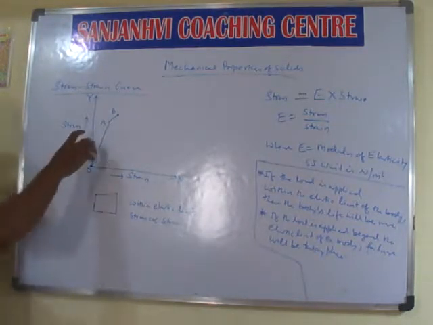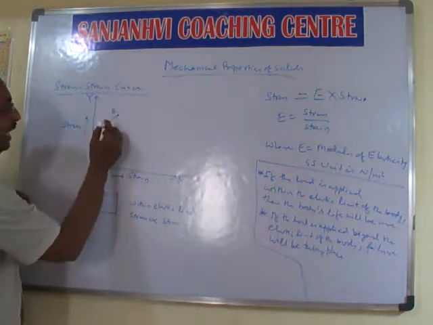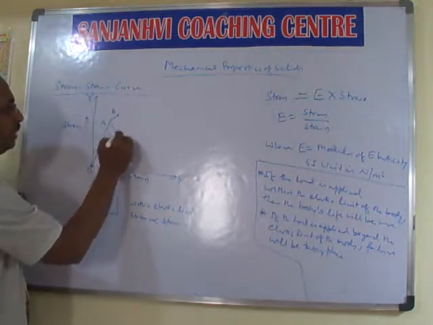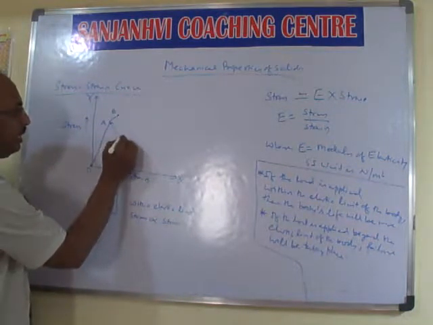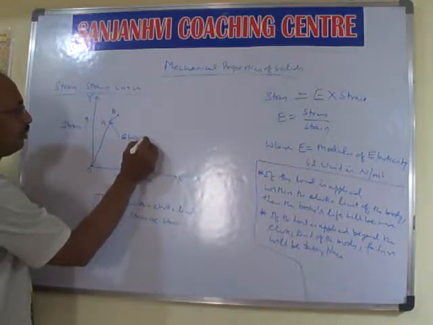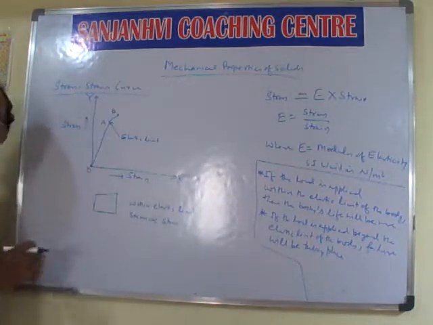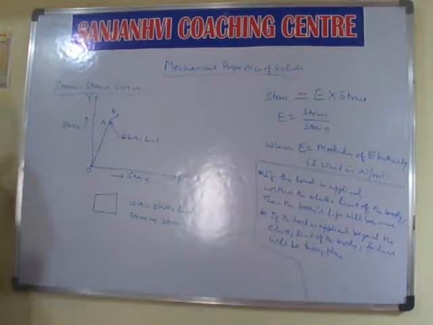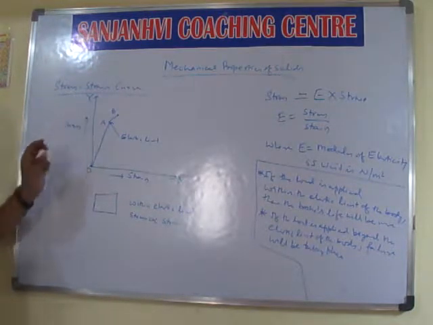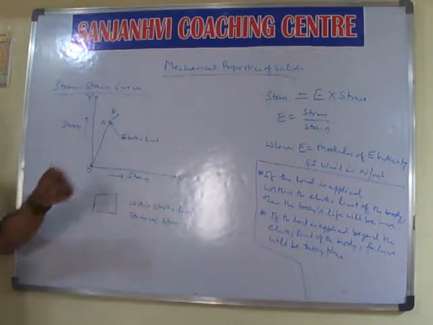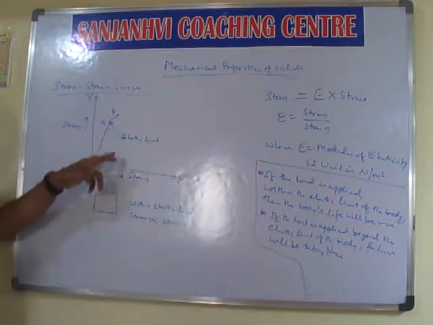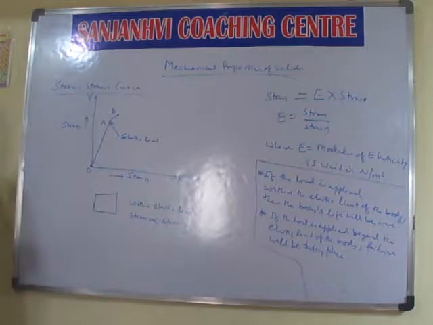The same case will be there up to point A. So this point we can say is the elastic limit. Up to the elastic limit, if the body is loaded, no problem. But when the load crosses A, deformation will increase.